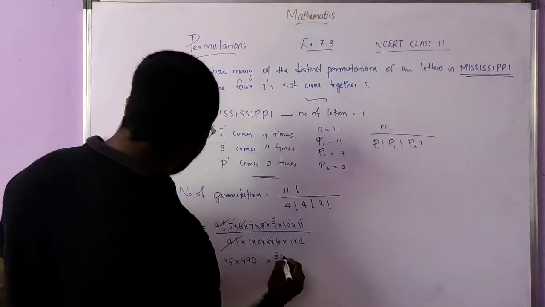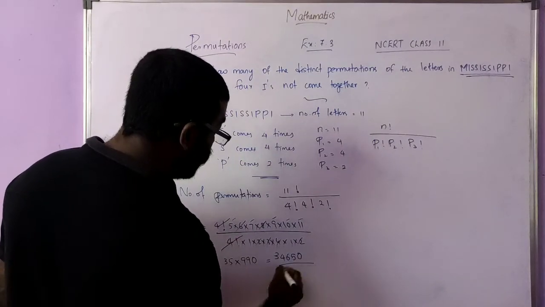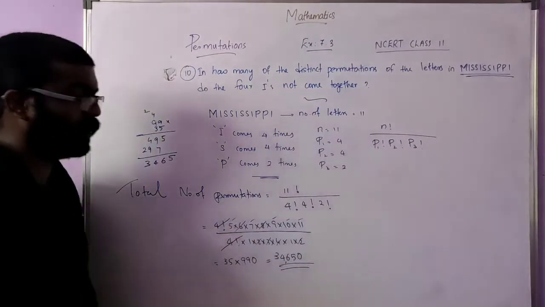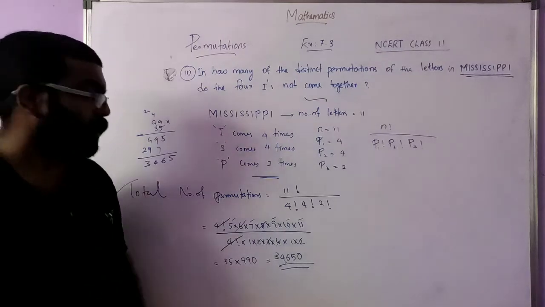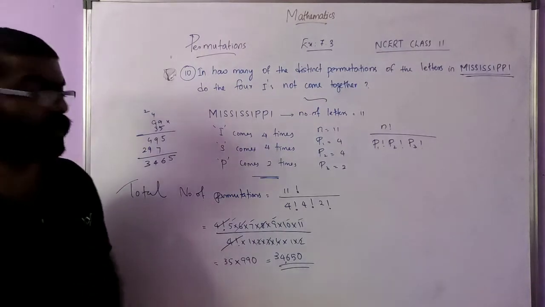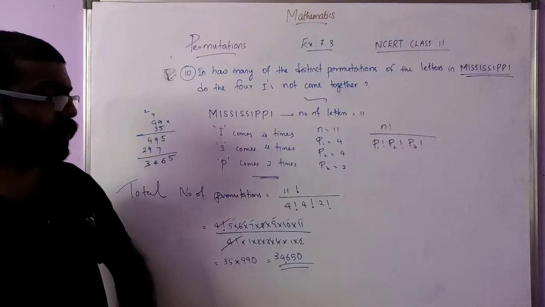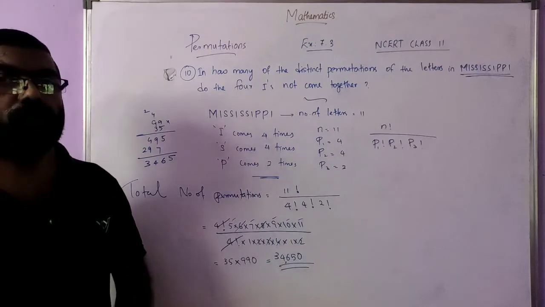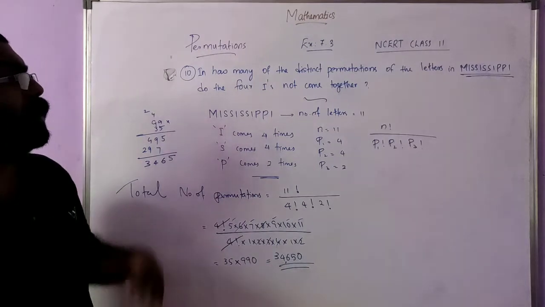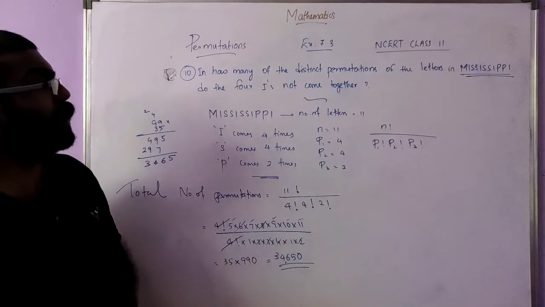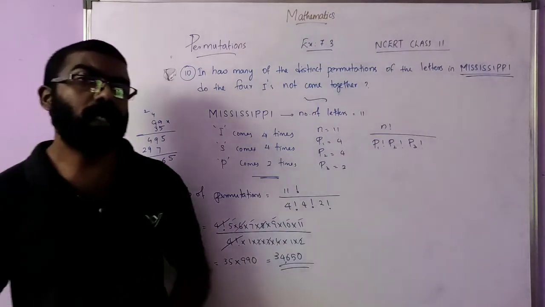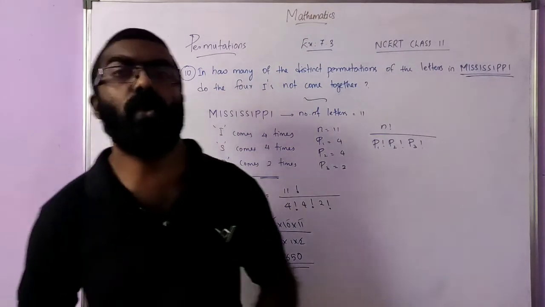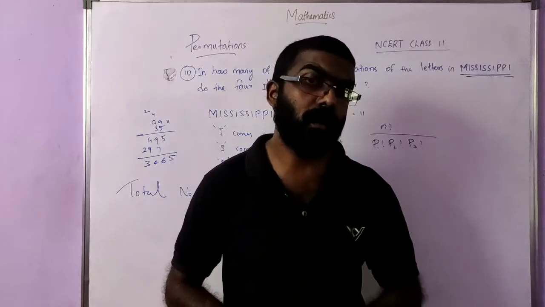So 3 4 6 5 0. 34,650. So the total number of permutations is equal to 34,650.